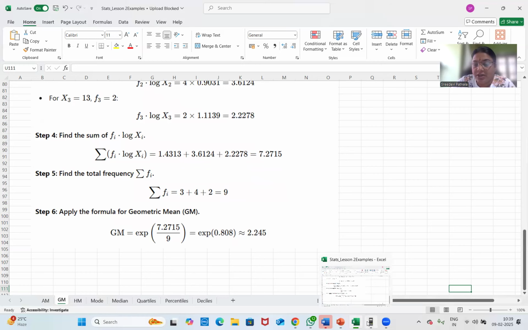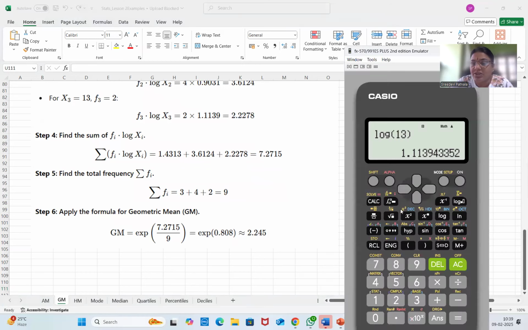Now, how to use the exponential is your next thing. If you see here in the Casio calculator, again I am explaining, e to the power of is the yellow symbol. So press shift, then e to the power. Now e to the power of what value? 0.808.